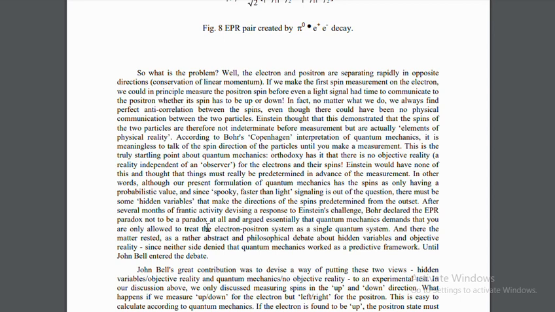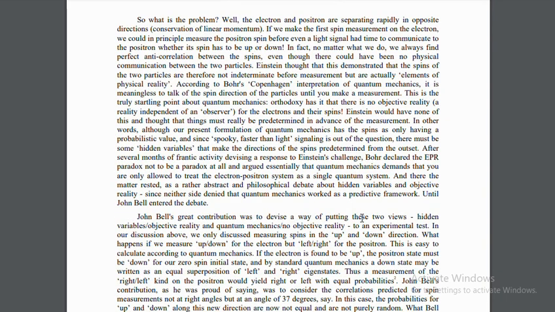He argued essentially that quantum mechanics demands that you are only allowed to treat the electron-positron system as a single quantum system, and there the matter rested as a rather abstract philosophical debate about hidden variables and objective reality, since neither side denied that quantum mechanics works as a predictive framework, until John Bell entered the debate. So, who was John Bell?